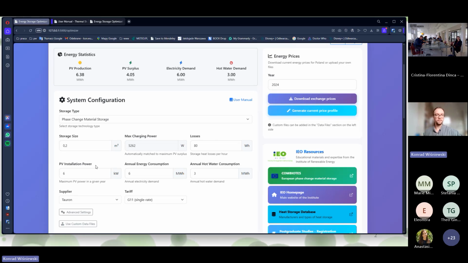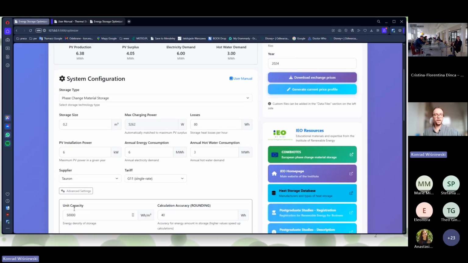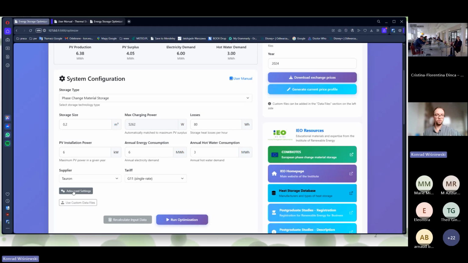As you can see, there is a storage size here, and the losses that are estimated per hour for our storage. In advanced settings, you can change the unit capacity, for example, and some roundings, because for numerical reasons there need to be some roundings in the calculations to get results fast.